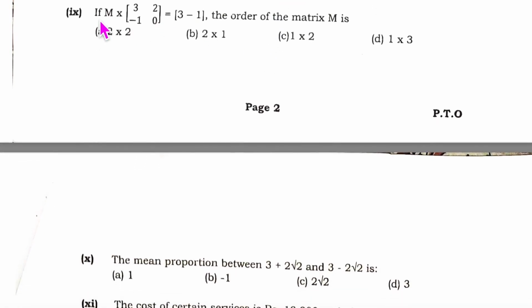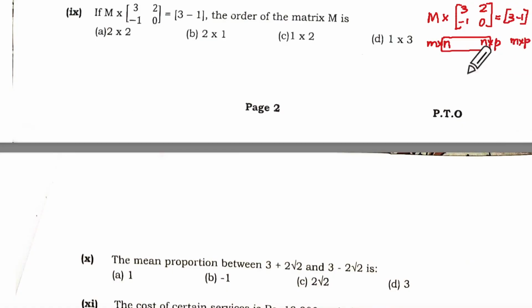What about this one? M into this is equal to this. The order of the matrix M is, now here, some of you still get confused, so I will just show it to you once again. If this is M into N and this is N into P, then if these two are equal, then only you can multiply them and the order of the product will be like this.